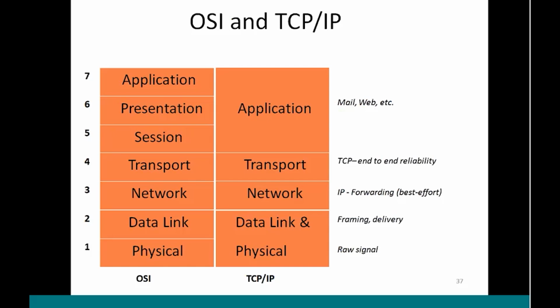Then we talked about the four main characteristics of a network. The first is size, which we measure as WAN, LAN, etc. Second is topology, the various types of configuration, how the nodes are all connected physically.